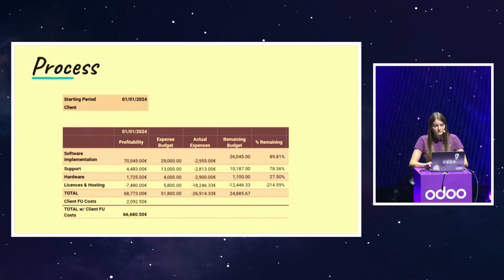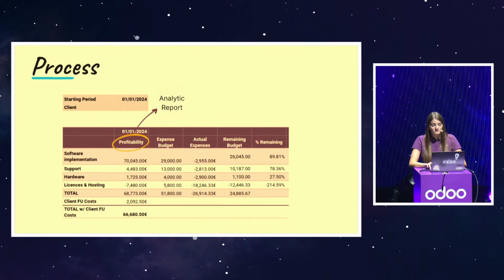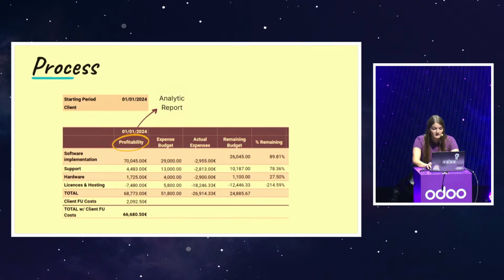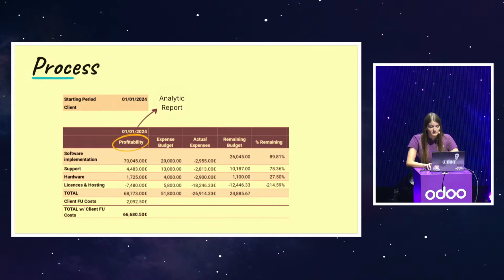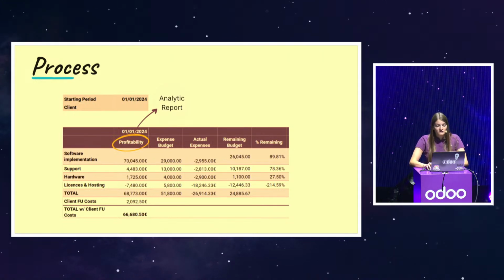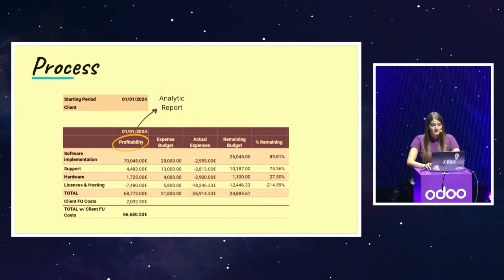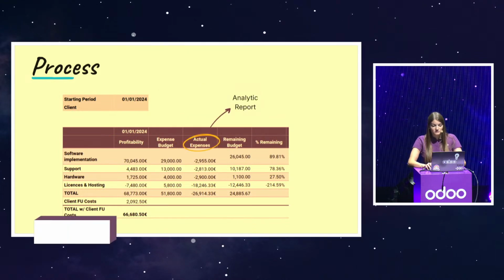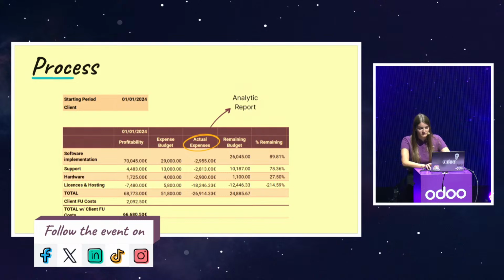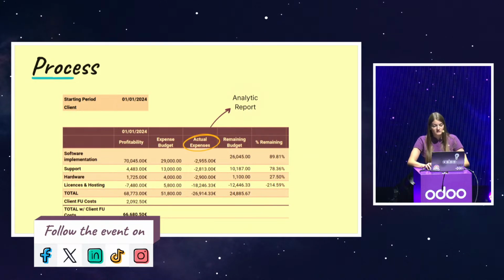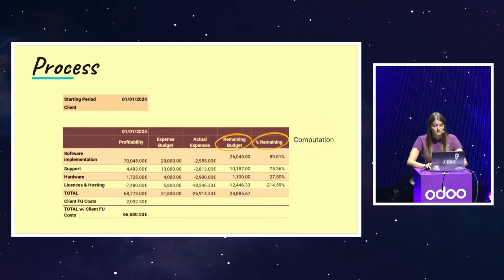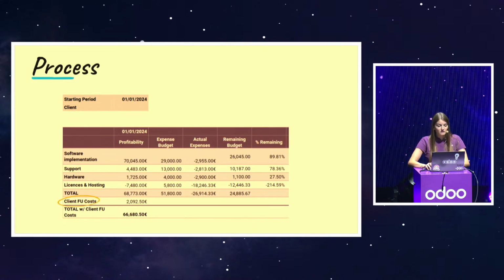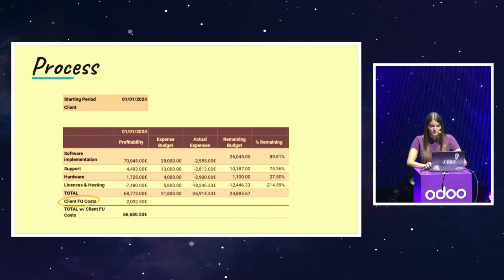We first want to balance all the revenue and the cost linked to a service by calculating the service profitability. We then want to keep track of our costs by comparing the expense budget with the actual expenses linked to a type of service. We'll then make some computation to calculate the remaining budget, and we will then tackle the hidden costs linked to client follow-up.